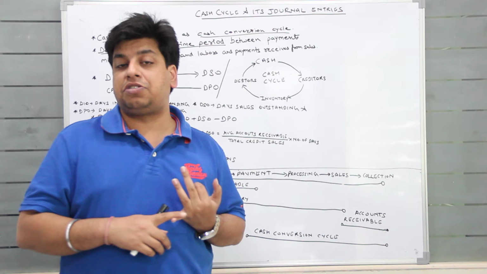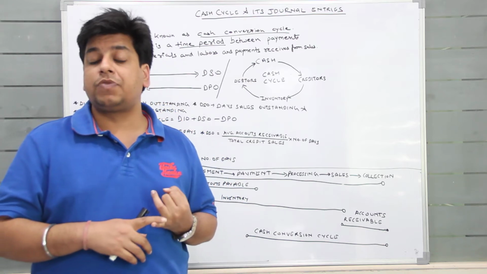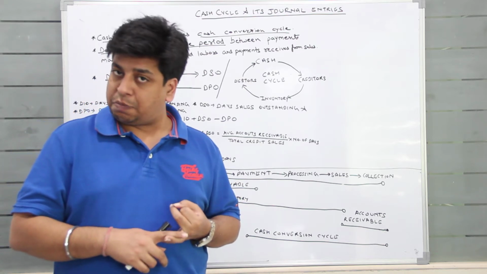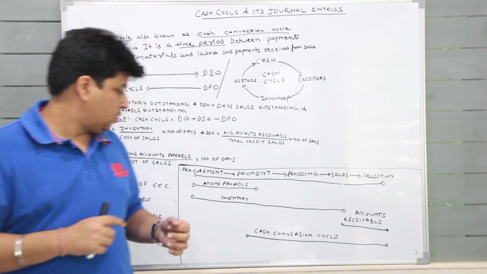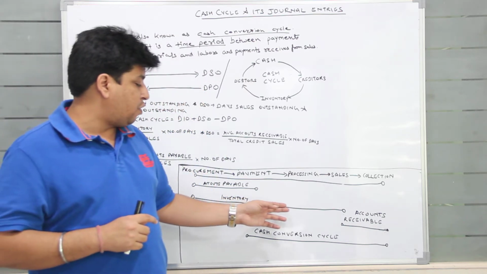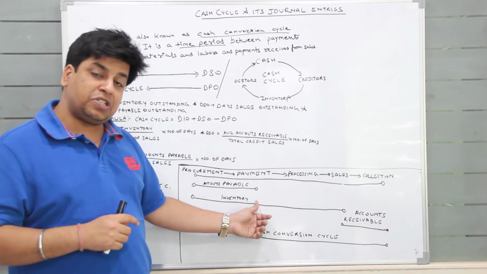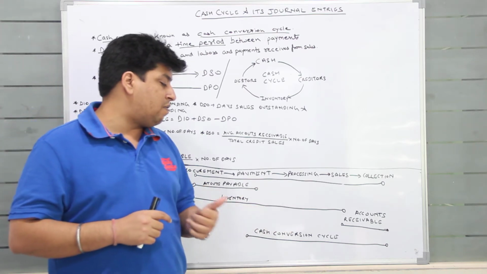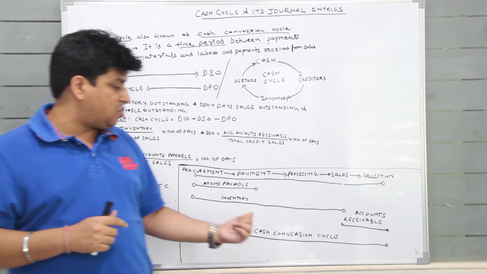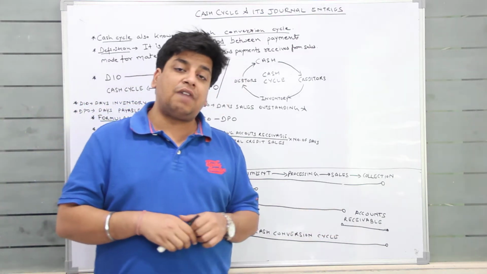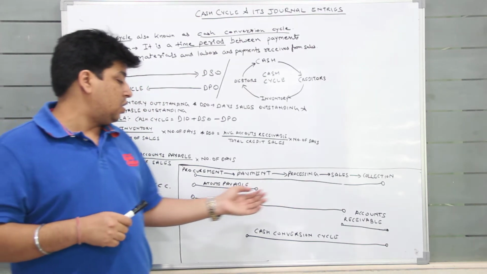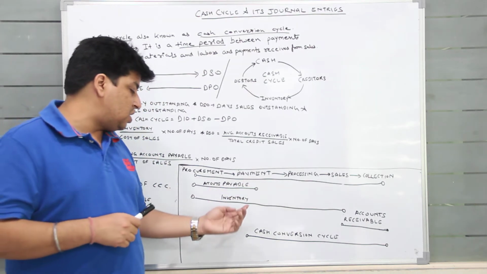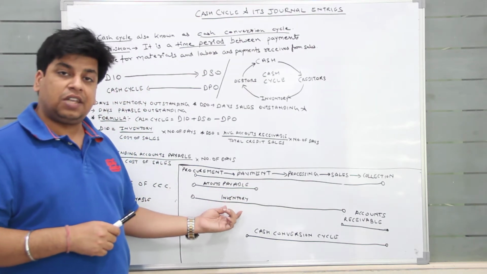That is inventory for raw materials, inventory for work in progress, and inventory for finished goods. So till here we'll have raw material in procurement and payment stage. In processing we'll have a work in progress inventory, and till sales we'll have the inventory for finished goods. So these four stages are actually covered in inventory.